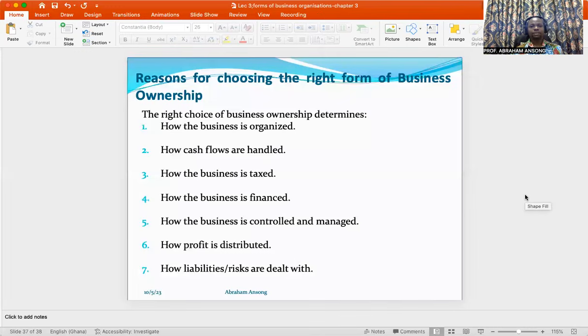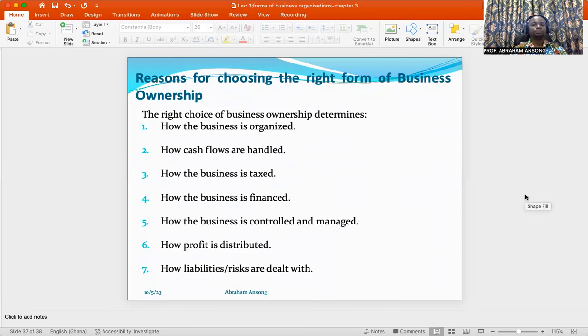All right. So let's look at reasons for choosing the right form of business ownership. Okay. If you want to operate in the private sector, we said you have the option of going as a sole proprietor, in which case you'll just be the sole owner of the business.